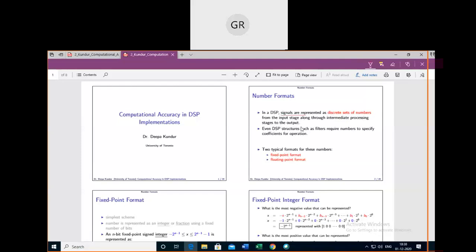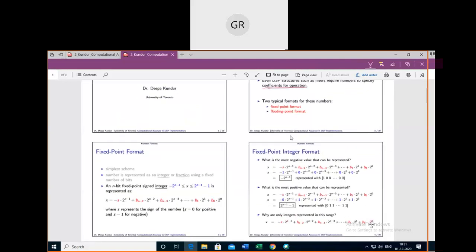Even DSP structures such as filters require numbers to specify coefficients for an operation.